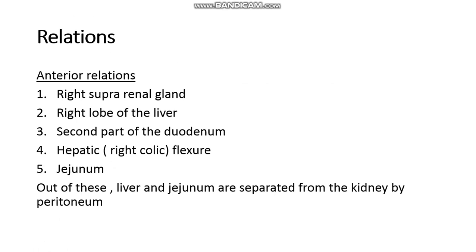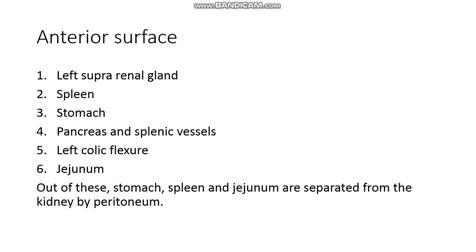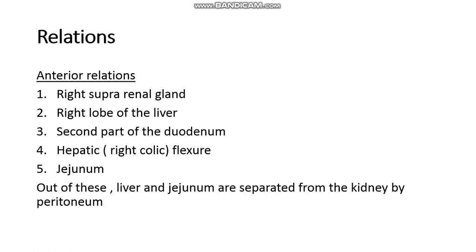So next we can discuss the relations of the kidney. There are anterior relations, and each of the parts has relations. First we can see the anterior relations of the kidney. Anteriorly the kidney is related to the right suprarenal gland.